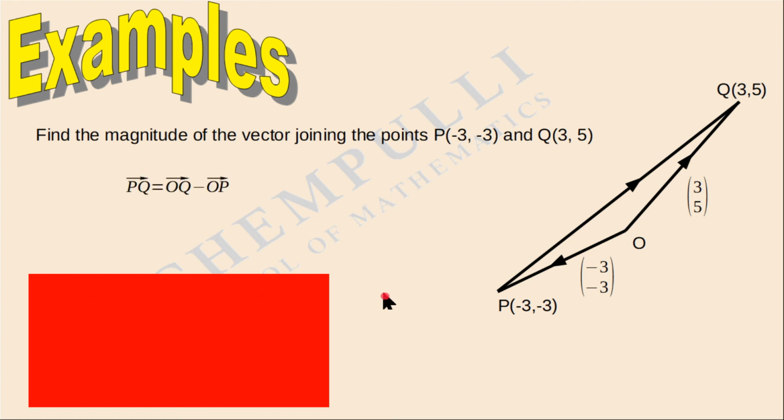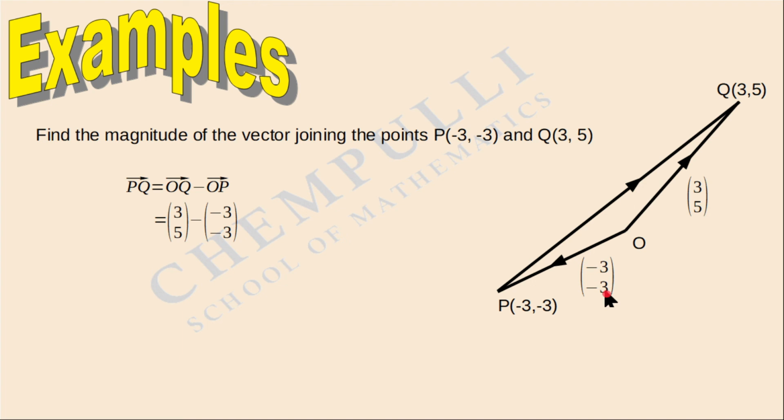So vector PQ is equal to vector OQ minus vector OP, which is (3, 5) minus (-3, -3). Then we can simplify this part.